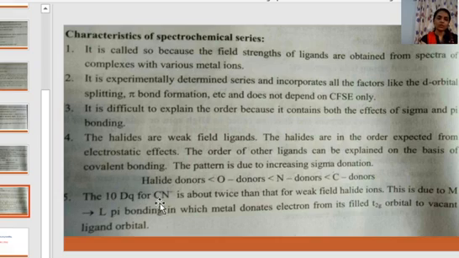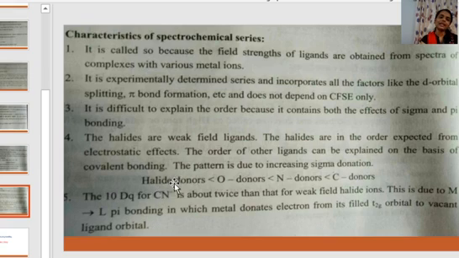The 10 Dq for CN- is about twice that for weak field halide ions. The splitting caused by cyanide ligand is about double the splitting caused by the weak field halide ion. This is due to metal ligand pi bonding.